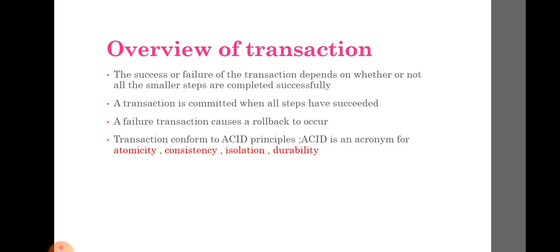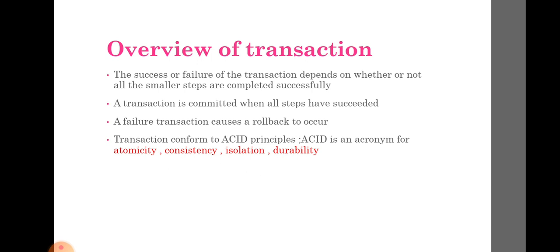Just like a normal transaction, there are some rules, some protocols. Each and every transaction must satisfy the ACID property. ACID stands for A for atomicity, C for consistency, I for isolation, and D for durability. These principles must be satisfied by each and every application.